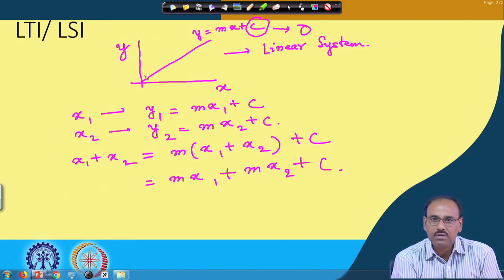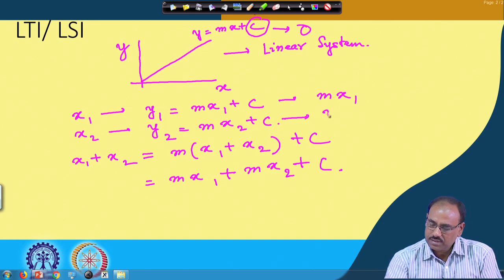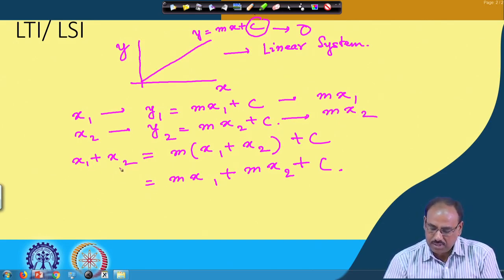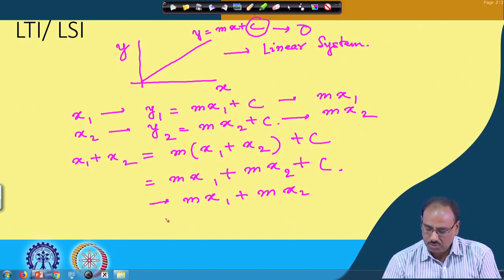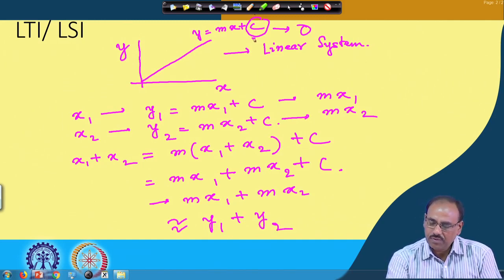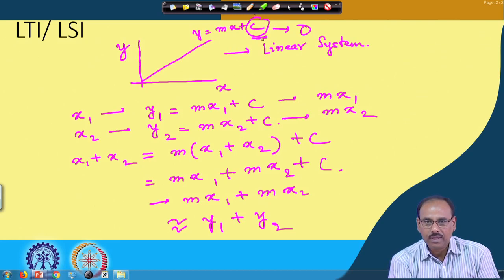So, given c equal to 0, y1 is nothing but m times x1 and y2 is nothing but m times x2, and the output for x1 plus x2 is nothing but m times x1 plus m times x2, which is nothing but y1 plus y2. So, if this constant c is equal to 0, the system becomes a linear system.